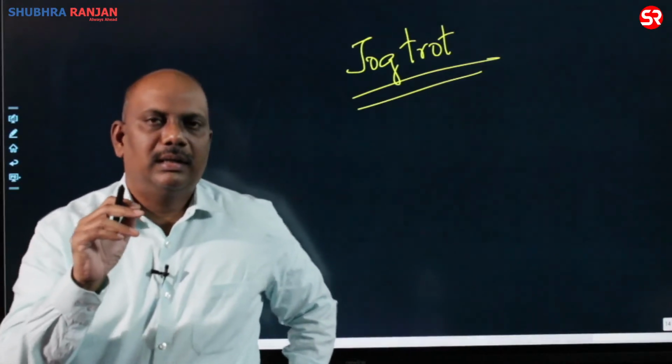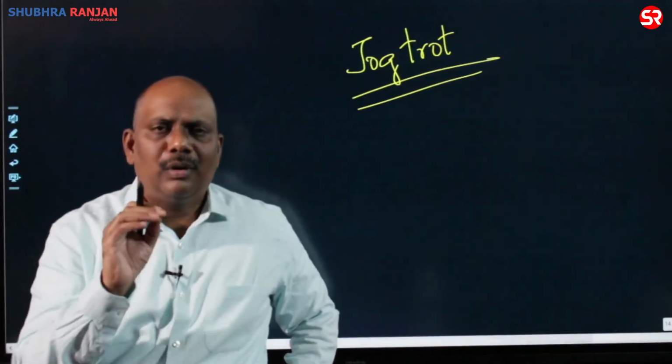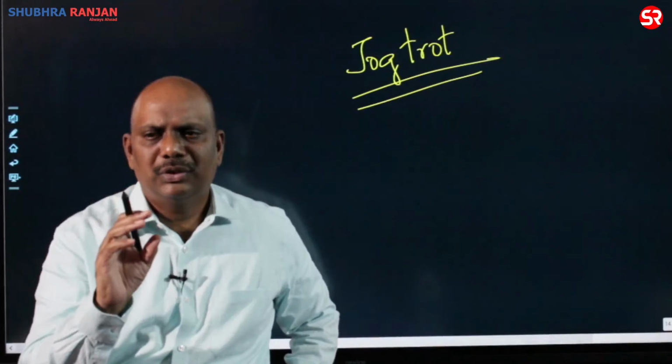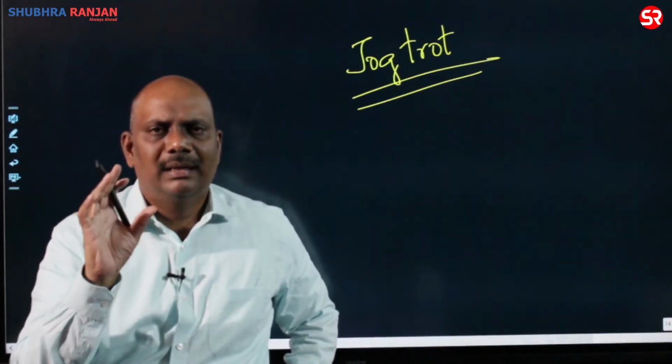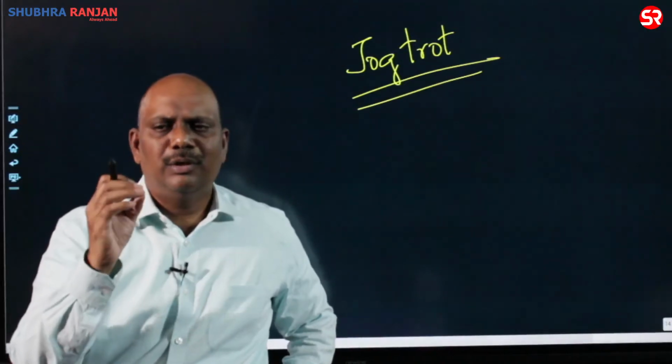Jog trot like walk. So, though Australopithecus had a bipedal locomotion, the bipedal locomotion is not perfect like the one we have in human beings. This was largely due to a few reasons.